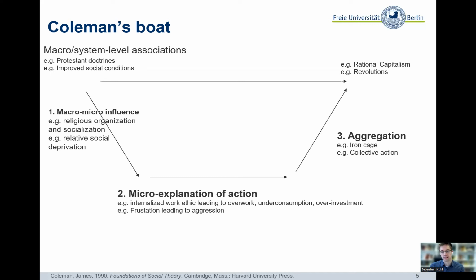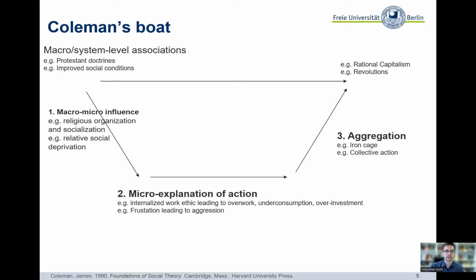Whenever you encounter a macro association as the one between the prevalence of Protestants in a certain area or country and the development of rational capitalism, a macro association that you find with structural variables of the kind GDP and religious affiliation of the population, then in order to make for a proper sociological explanation, it needs to have three further ingredients to basically micro-found this explanation.